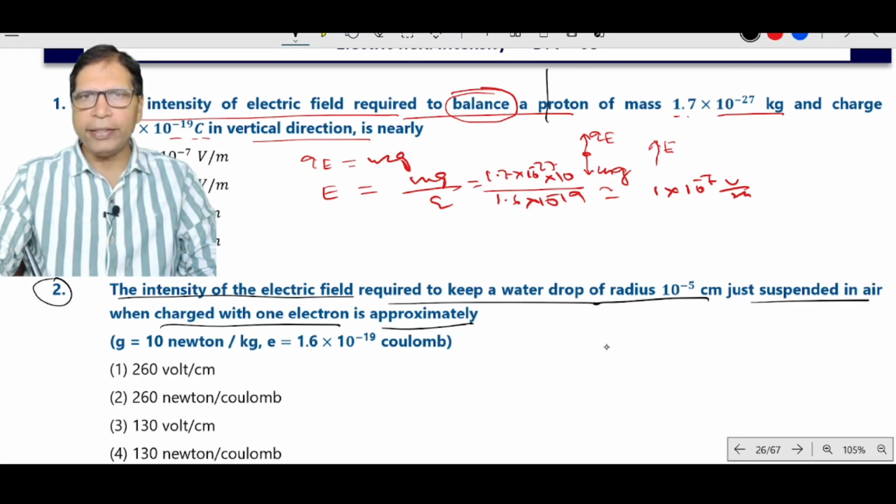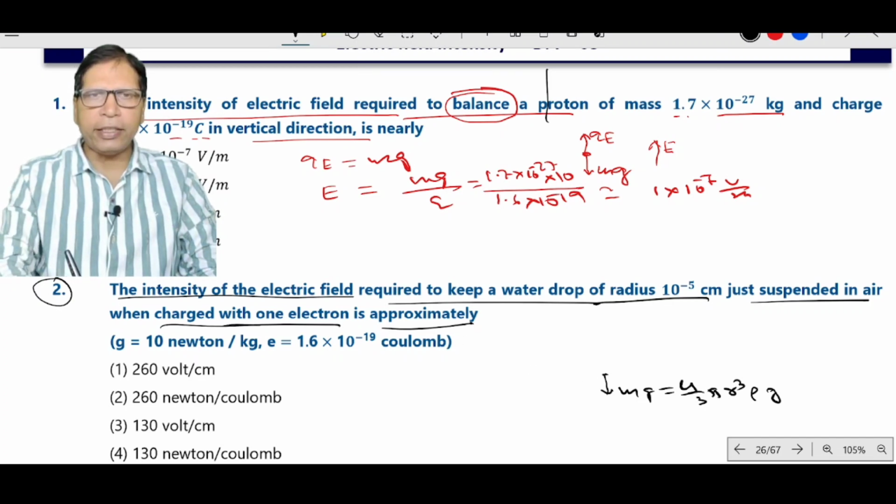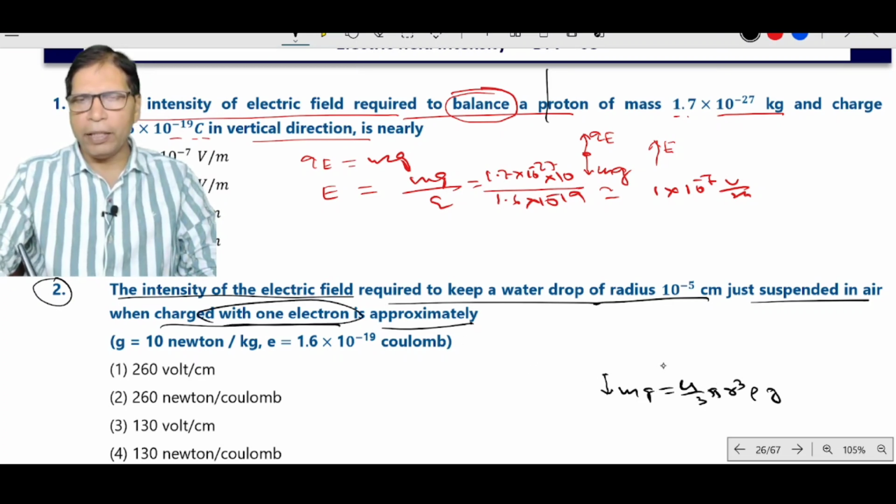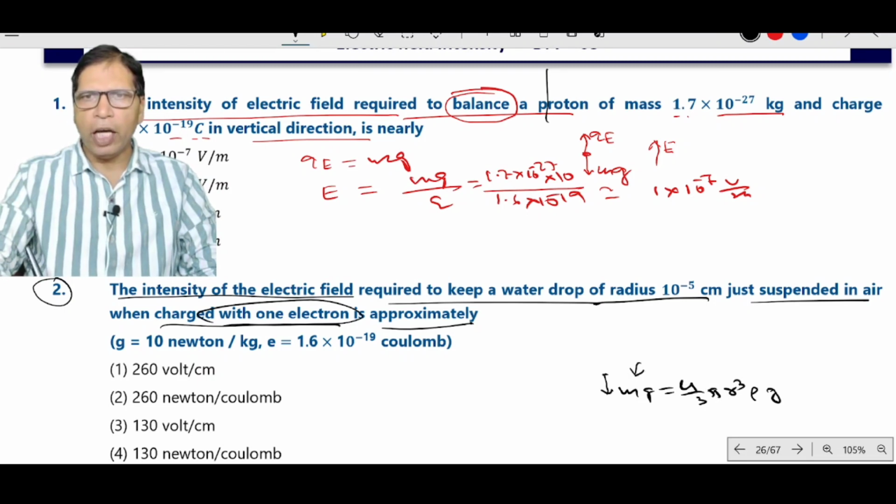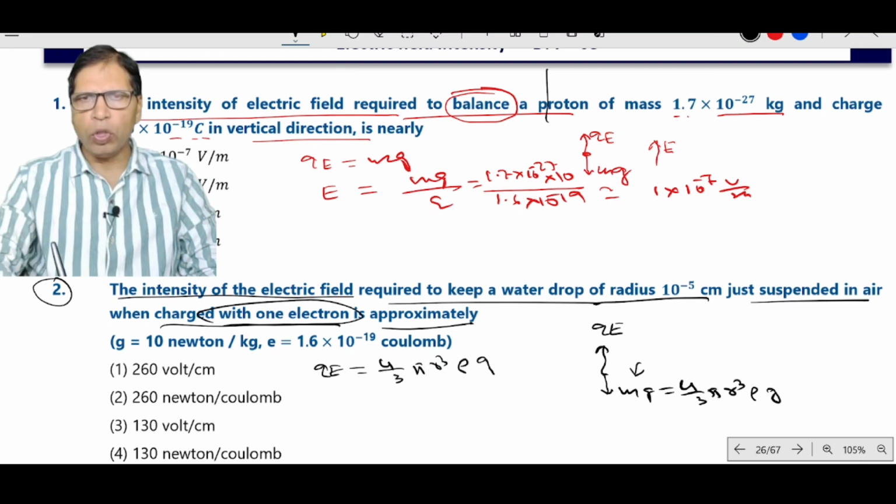Here mass mg is directed vertically downward, and mg equals 4/3 pi r cube into rho into g. The charge is negative, so the electric field must be directed in the downward direction. Therefore the force is directed upward, and this is qE. So qE equals 4/3 pi r cube into rho into g.